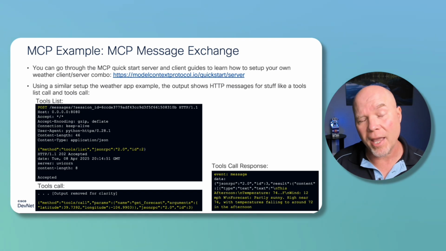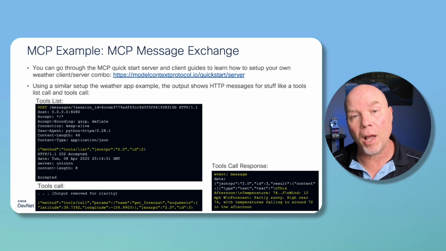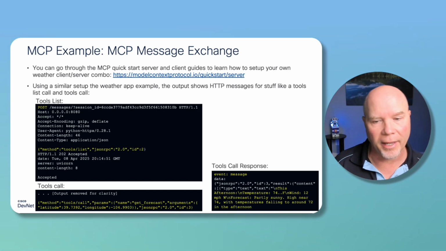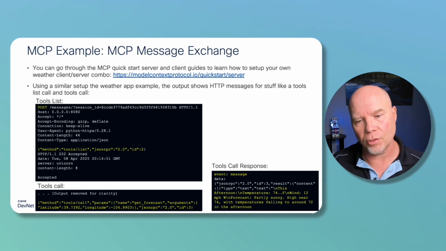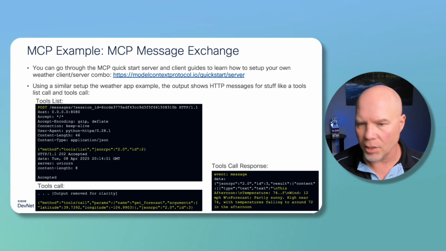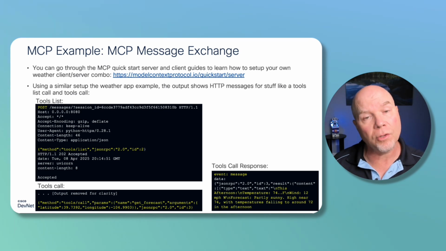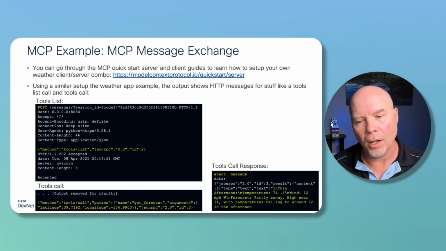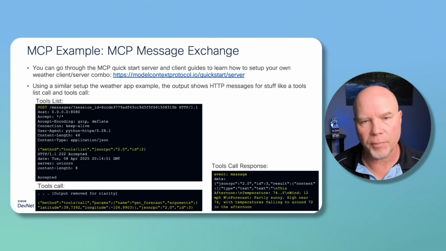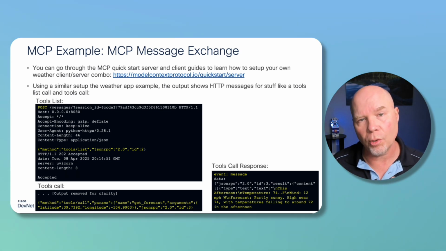So then the HTTP-SSE response comes from the server back to the client with the actual event message. You can see event message. You can see it's still JSON RPC 2.0 is the message format. And then you can see the actual data of that response. This afternoon, the temperature is going to be blah. And so this is an HTTP post to HTTP-SSE message exchange.